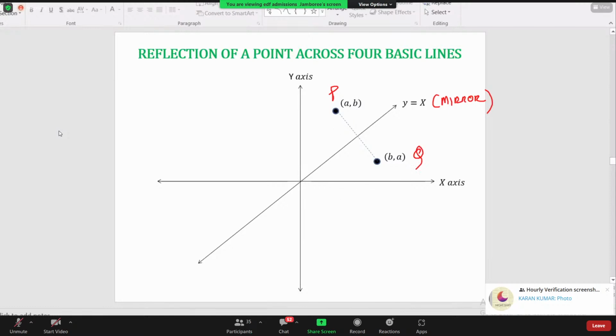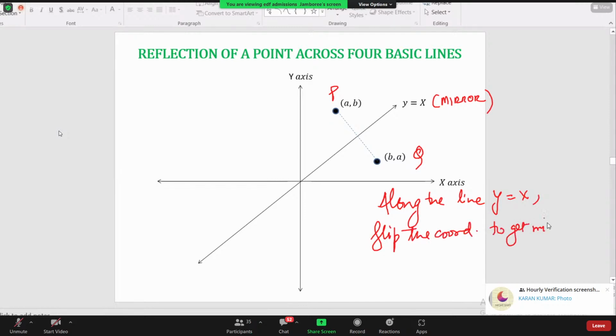So to find the mirror image along the line y is equals to x, simply remember you need to flip the coordinates to get the mirror images. Simple and straightforward.